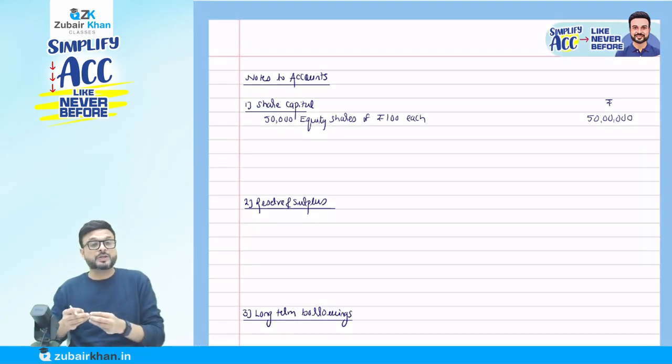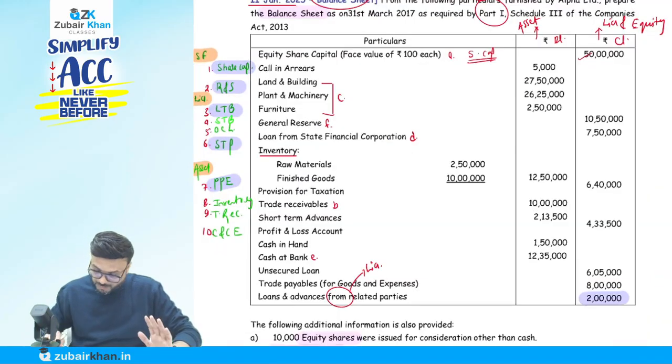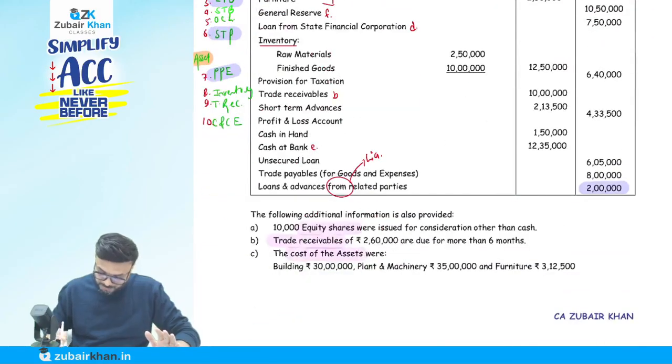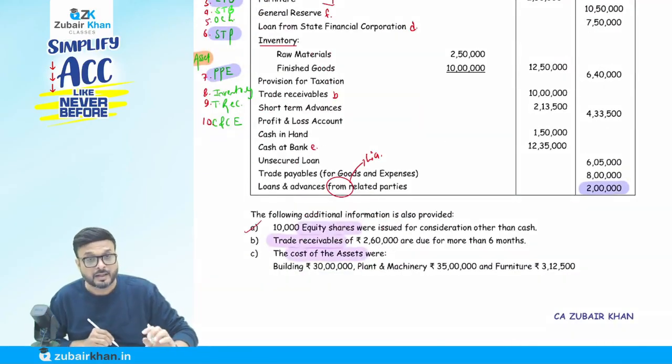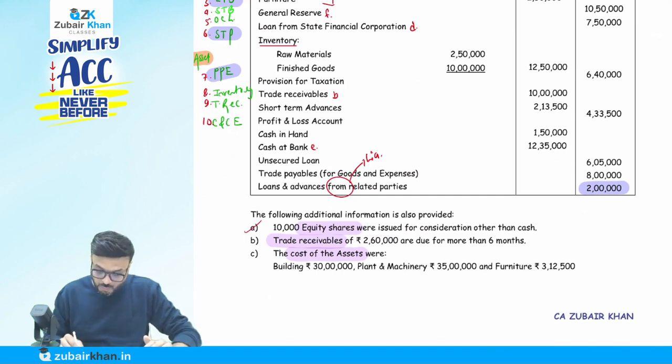But something is mentioned about this equity share capital in point number A. They mention that 10,000 equity shares were issued for consideration other than cash. So you know that schedule 3 says we have to mention it.